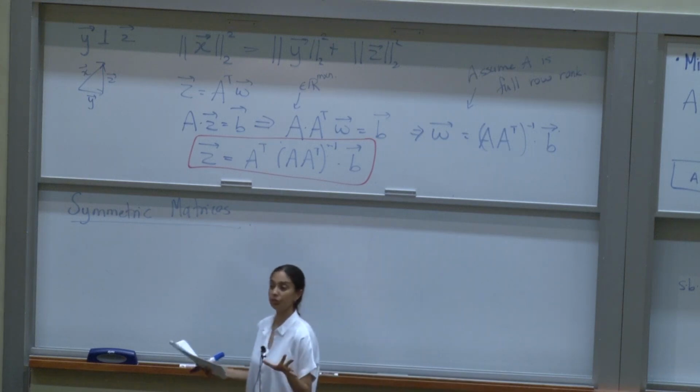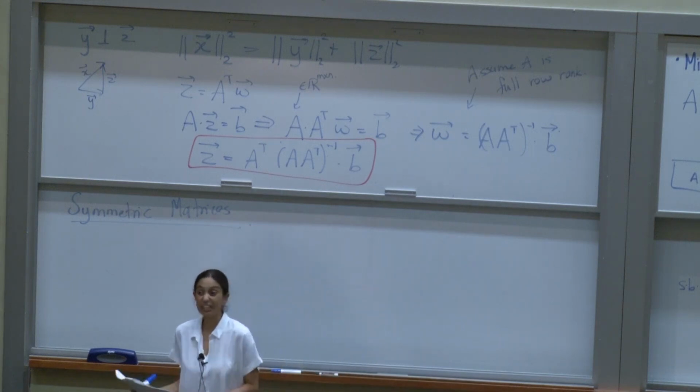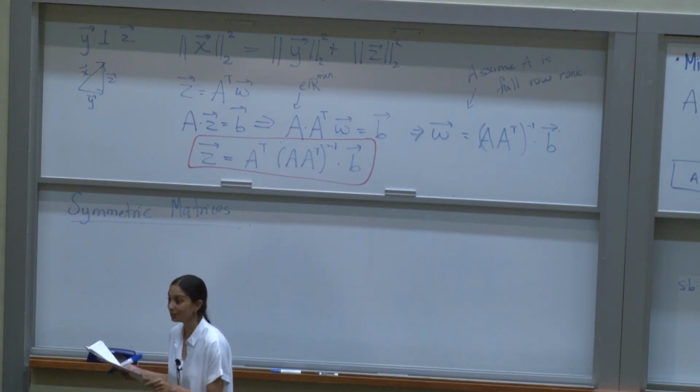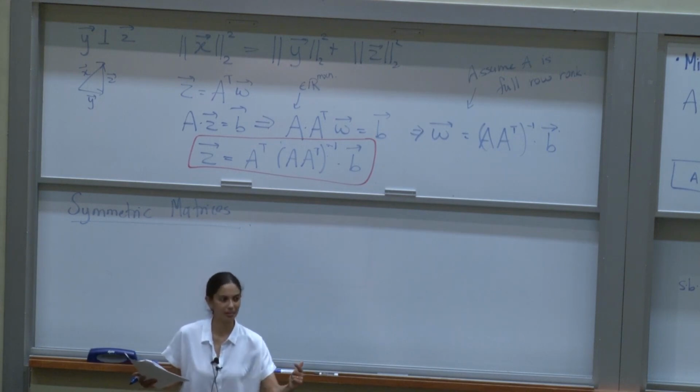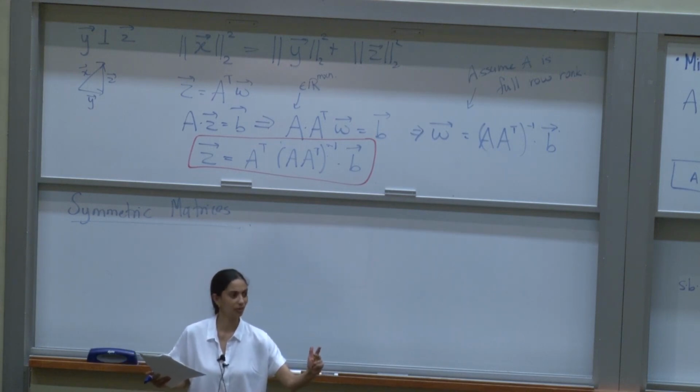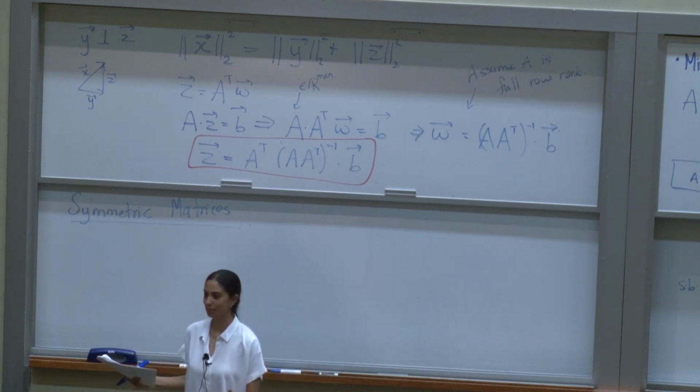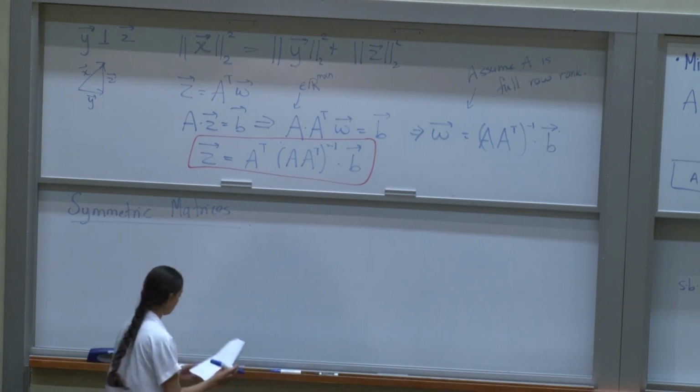And symmetric matrices have a lot of nice properties. So even if sometimes you don't have a real-world symmetric matrix, you pretend it's symmetric, or you make it symmetric, or you modify it to be symmetric, because you want to use the nice properties that exist for these symmetric matrices.